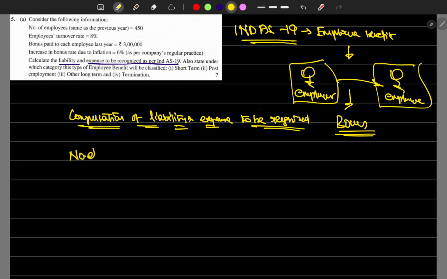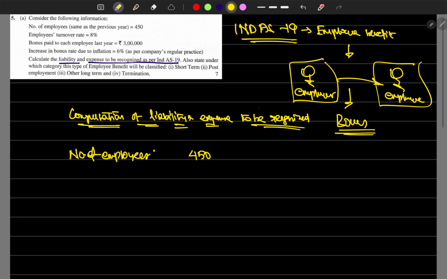The number of employees in the previous year is 450. During the current year, there is an employee turnover of 8%. Turnover means the employee has left the company, right?